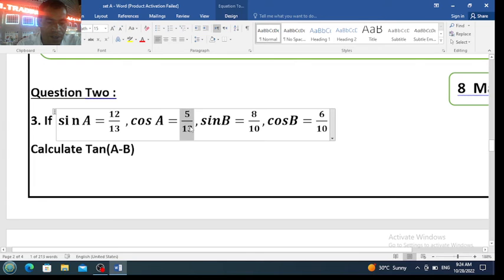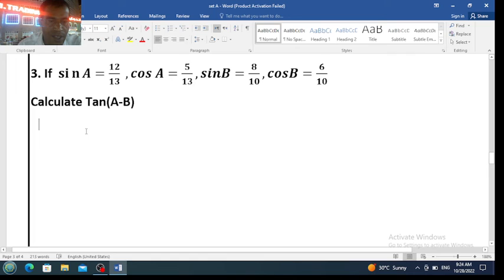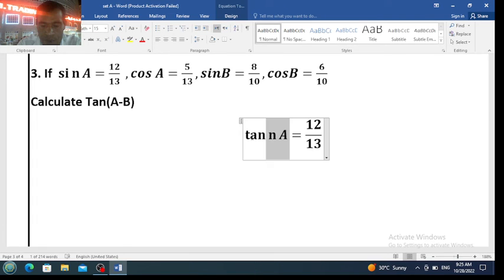Therefore, learners, first of all, we should find tangent of A. Tangent of capital A is equal to sine over cosine, means 12 divided by 13 divided by 5 over 13.